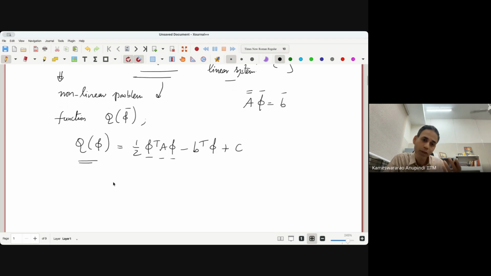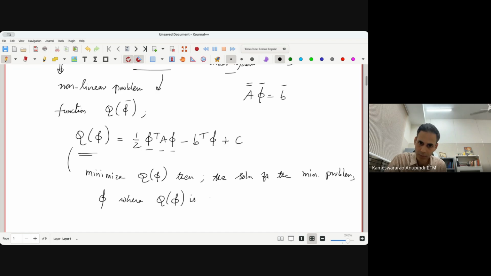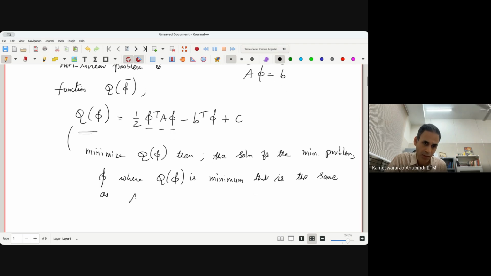Now, what they hypothesize is that if we can minimize this function Q of phi, then the solution of that minimization problem, that is, you are going to get some phi where Q of phi is minimum, is the same as solving for A phi equal to b.